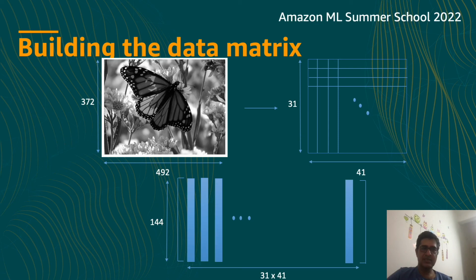This is just to give you the intuition: your 372 is 31 times 12, so you have 31 of these 12 by 12 blocks stacked up in this manner, and similarly you have 41 of these stacked here. So overall you have these 144 dimensional vectors, 31 times 41 of those. Fair?